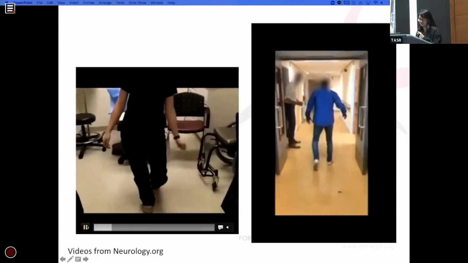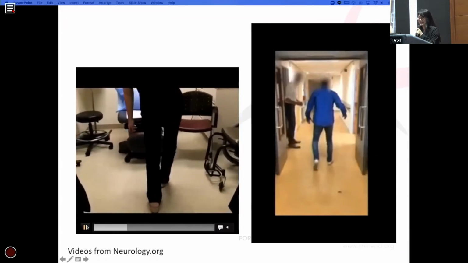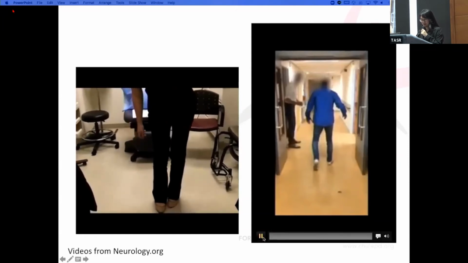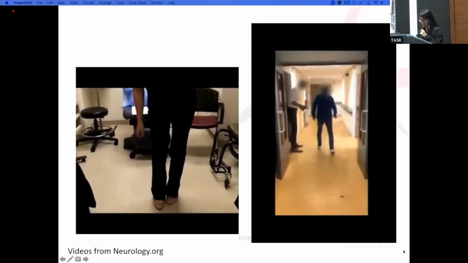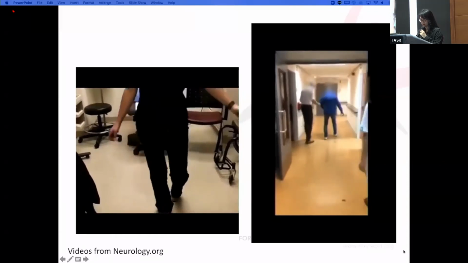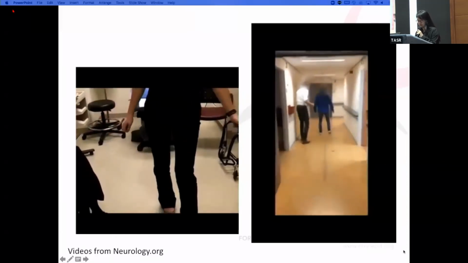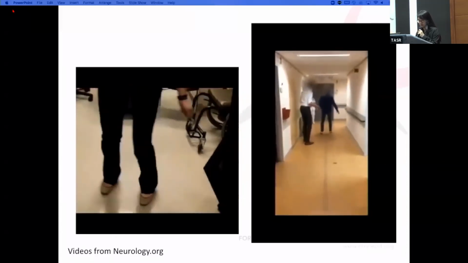Yes, I think this is knee buckling. That is correct. Yes, that is knee buckling. How about the second one? Can anyone help me?